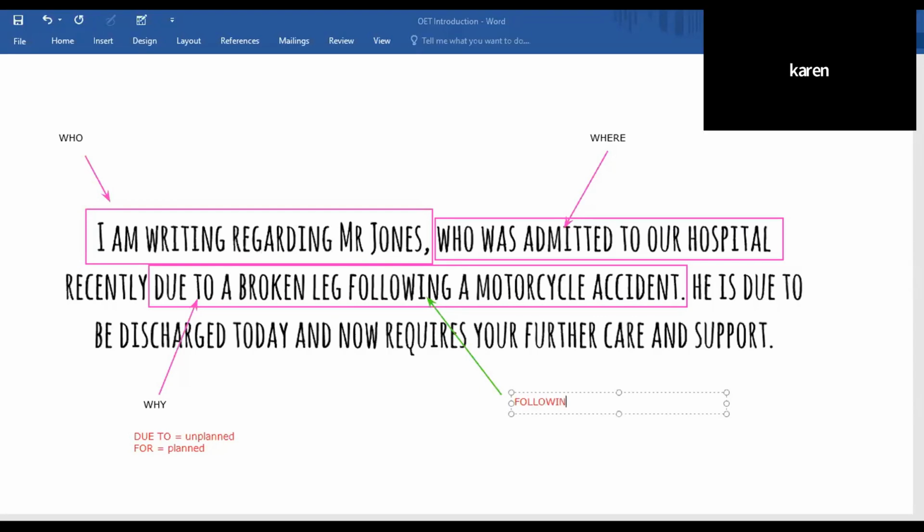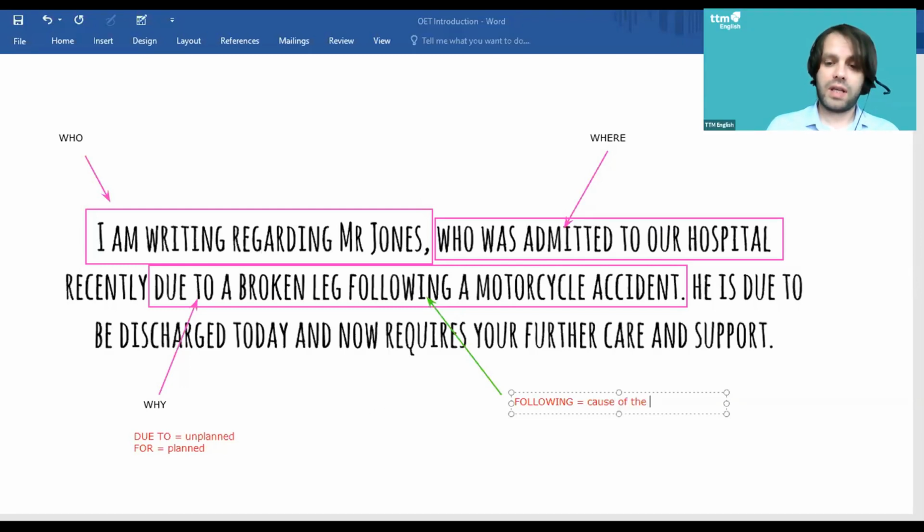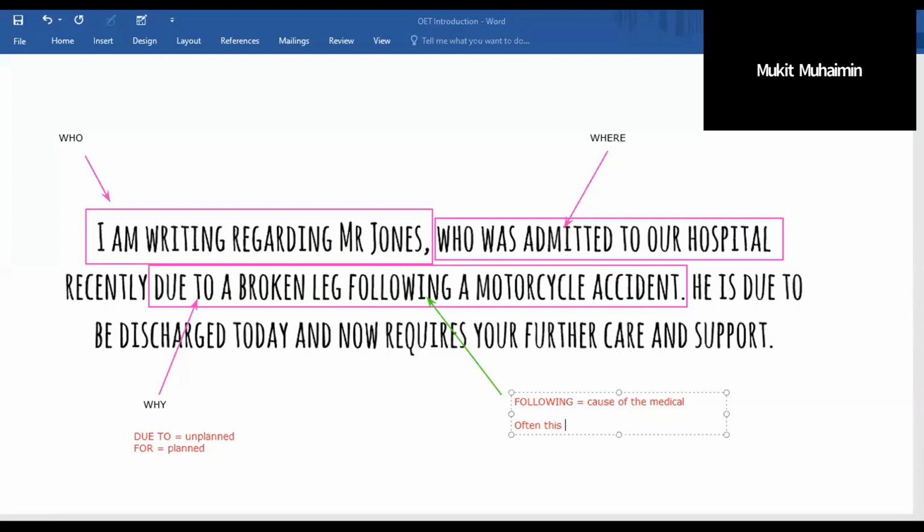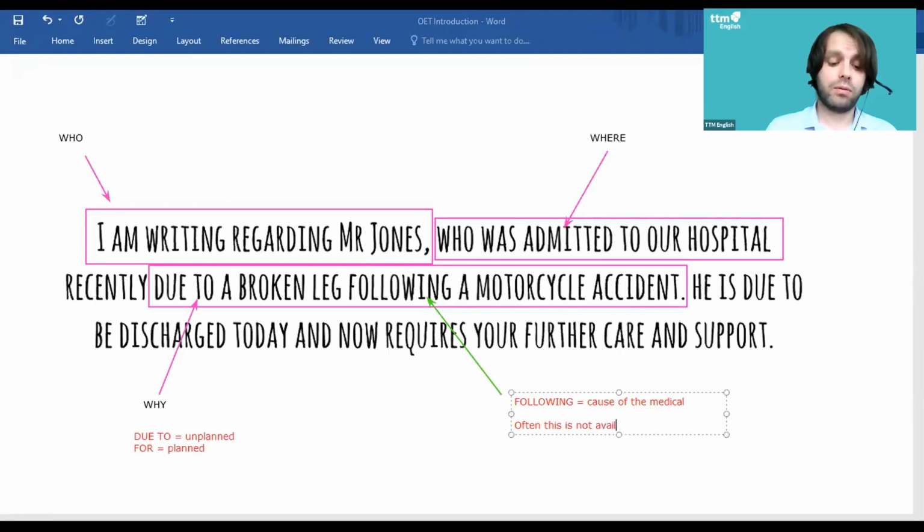Following is probably the cause of the procedure, or it gives us the cause of the medical problem. Now, do we always have this in the case notes? Often this is not available, so you might not need to use that. So that's sentence one. Now I just want to say something else about different letter types.